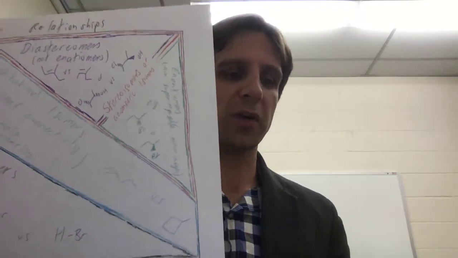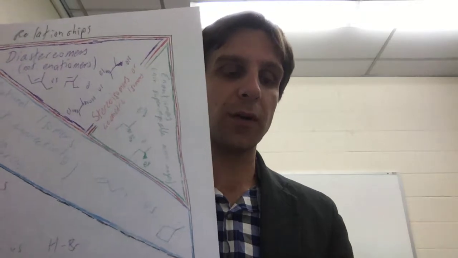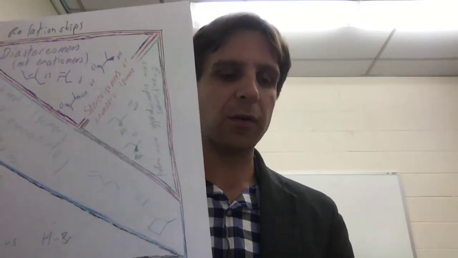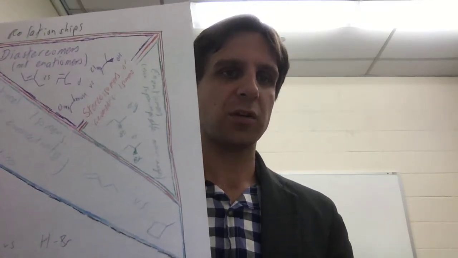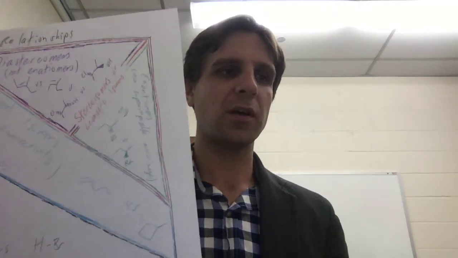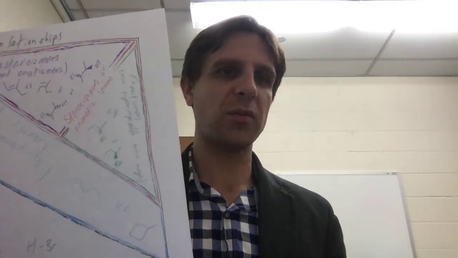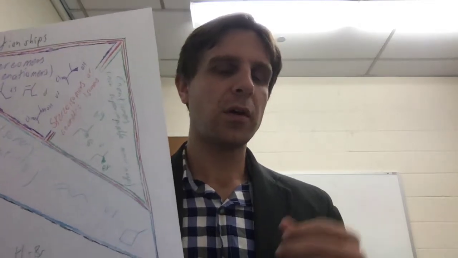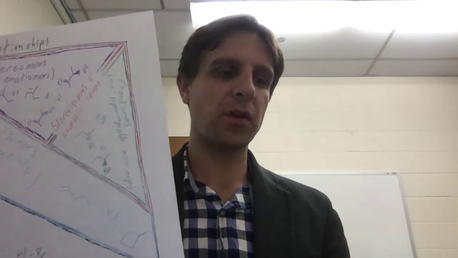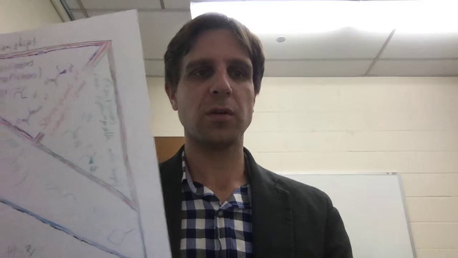Two compounds, mirror images, not superimposable. That's very important to note here. Every molecule has a mirror image. It just may be that the mirror image is the same compound as the original one. So for instance, methane and its mirror image are actually the same molecule. But when we have two compounds that are mirror images which are not superimposable, we create enantiomers.